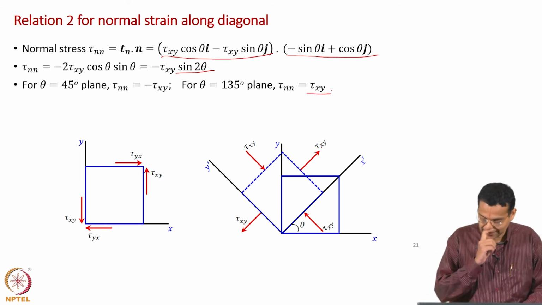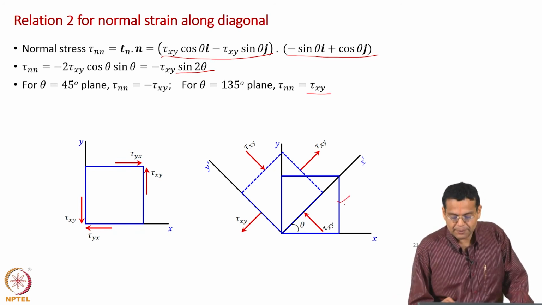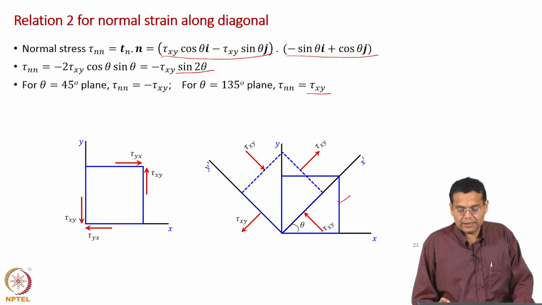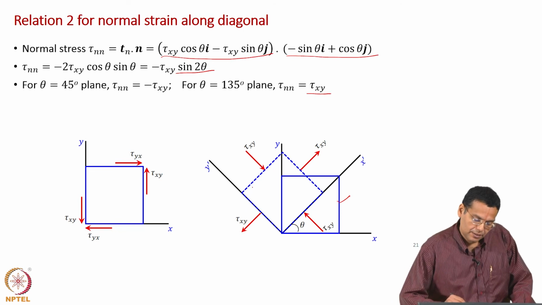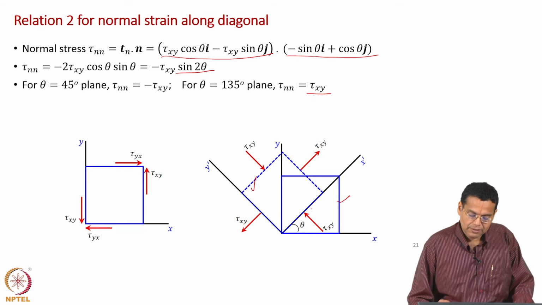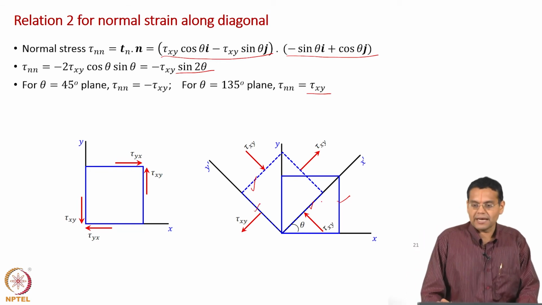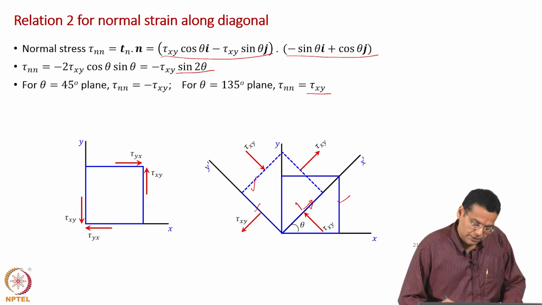That is what is shown here. Let me explain that. Now, this boundary represents the original stress element. This represents the rotated stress element. Why rotated? Because one plane is along the diagonal, and the other plane is 90 degrees left of the diagonal. Now, we have considered this plane, and remember our tangent vector was like this and the normal vector was like this.